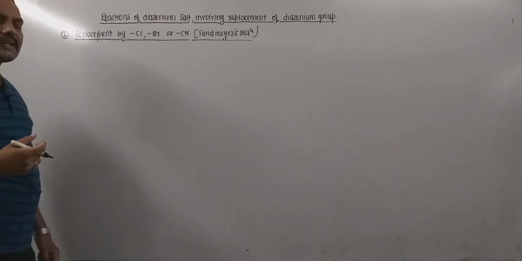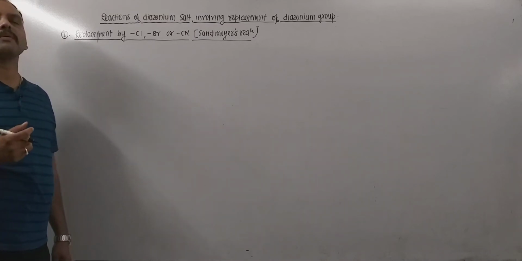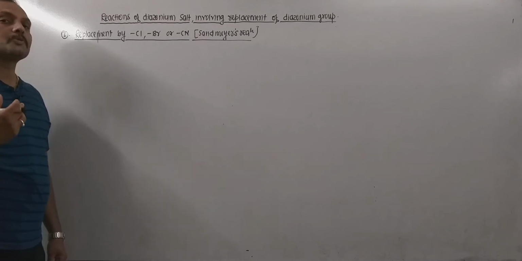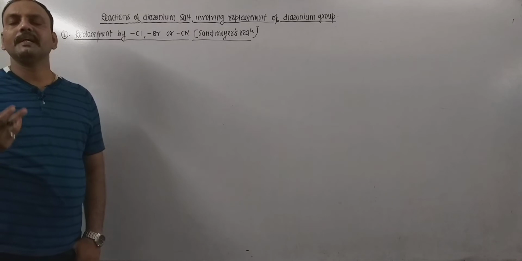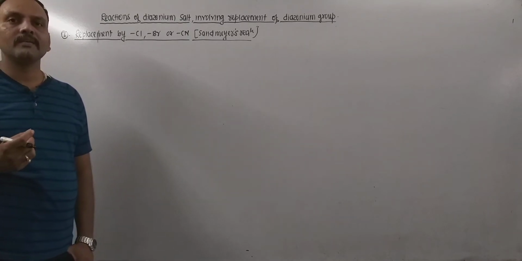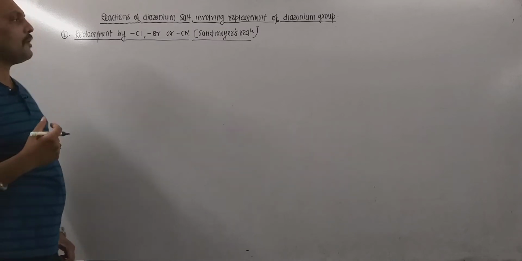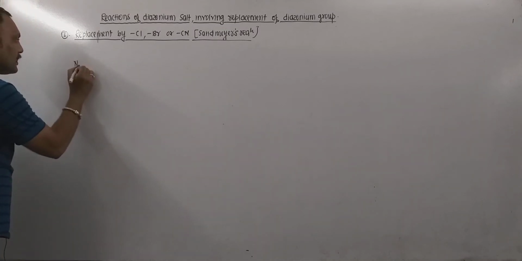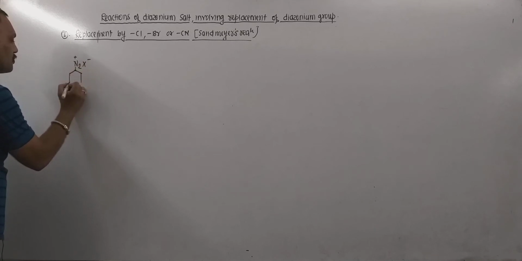In this reaction, diazonium salt, say benzene diazonium chloride, is to be treated with the salt of copper in +1 state along with the corresponding acid. For example, diazonium salt can be represented as, so this is the benzene diazonium halide.